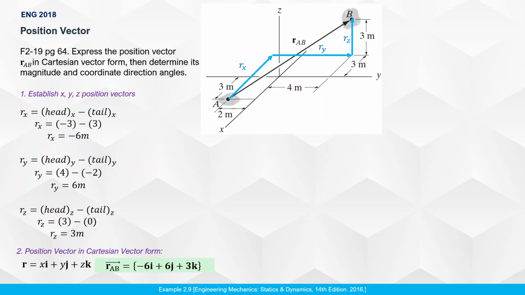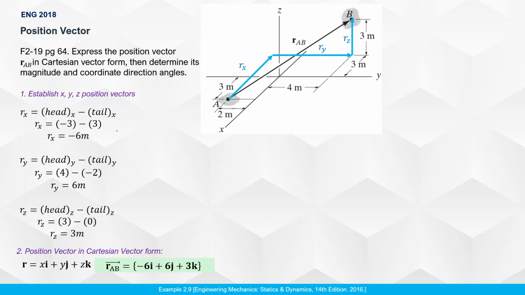It's okay na, pwede mo siyang isulat ng Rx na para malaman natin, ay, position vector din naman to or not. Position vector to. Okay? So in this case, nakuha mo kaagad yung Cartesian vector form or Cartesian vector notation ng position vector RAB.